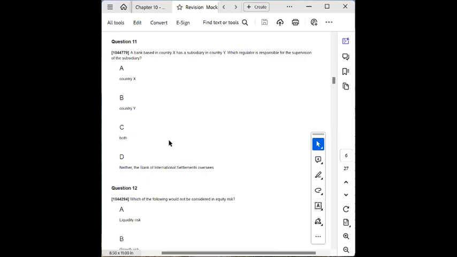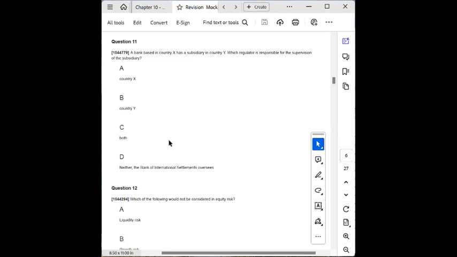A bank based in country X has a subsidiary in country Y. Which regulator is responsible for the supervision of the subsidiary? Country X, country Y, both, neither. The correct answer is both.